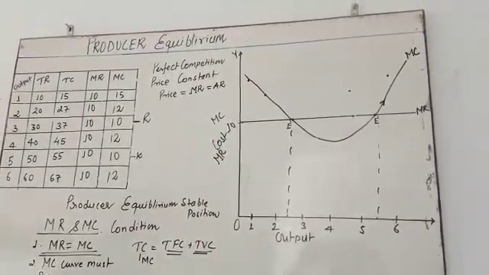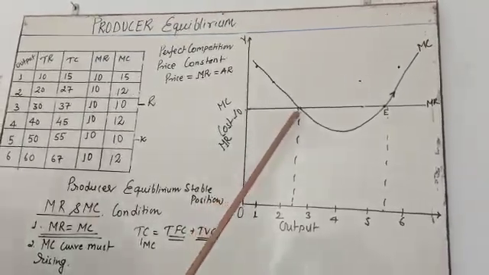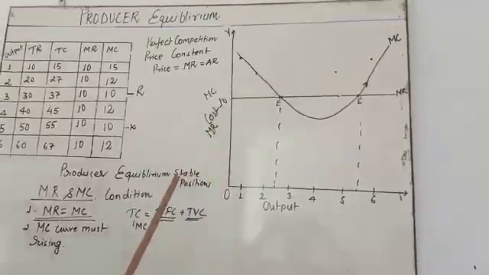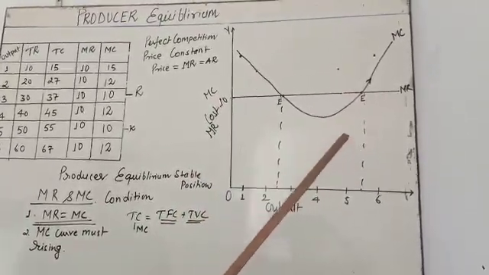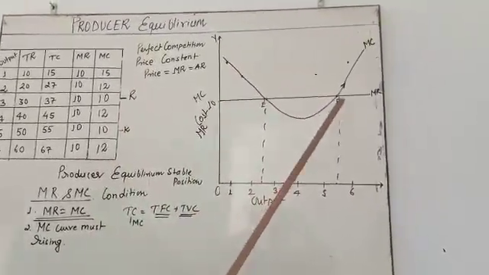So I hope you are able to understand. It is the equilibrium position where the producer is in equilibrium, meaning the producer is in a stable position. You can also say the producer is earning profit, so it is the profit maximization situation.